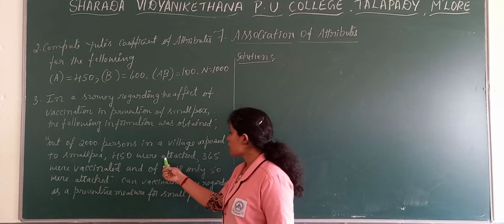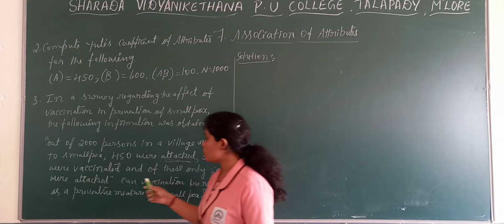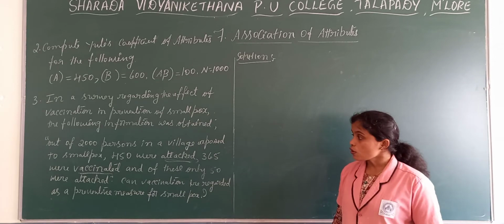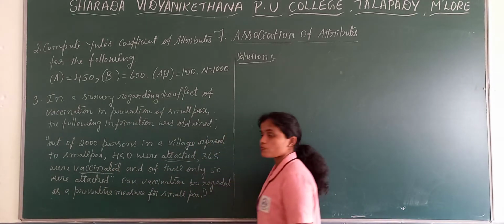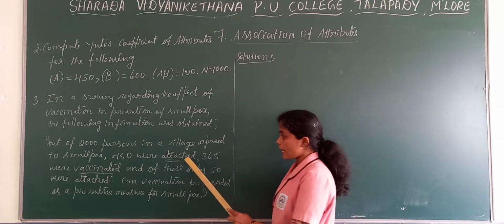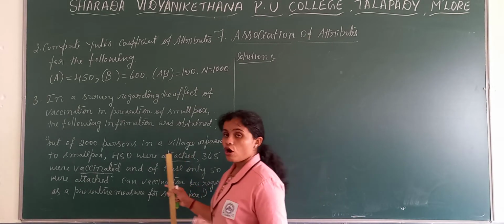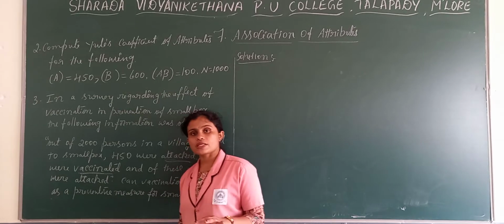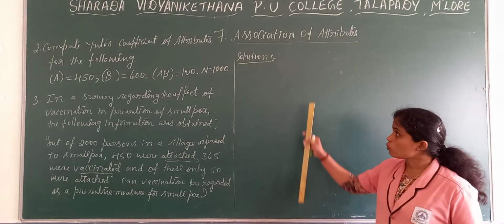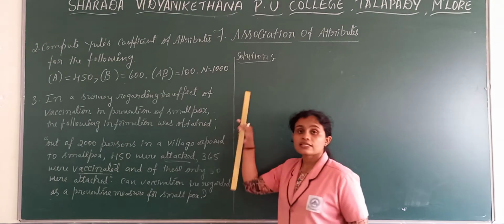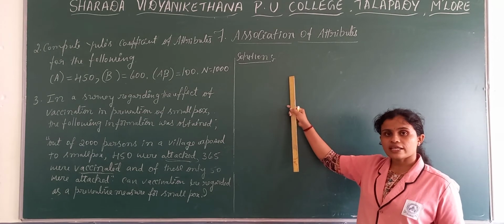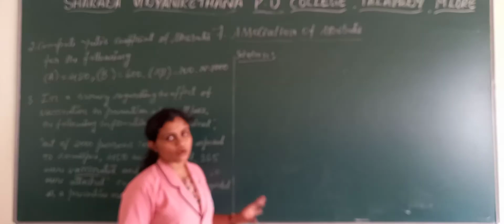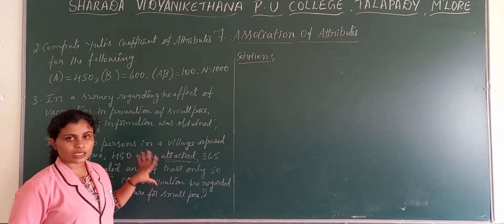So these two are the attributes: attack of how many persons are attacked by that disease and also how many persons are vaccinated. So two attributes means attack and not attack, vaccinated and not vaccinated. And we need to find out Yule's coefficient of association for this particular information.